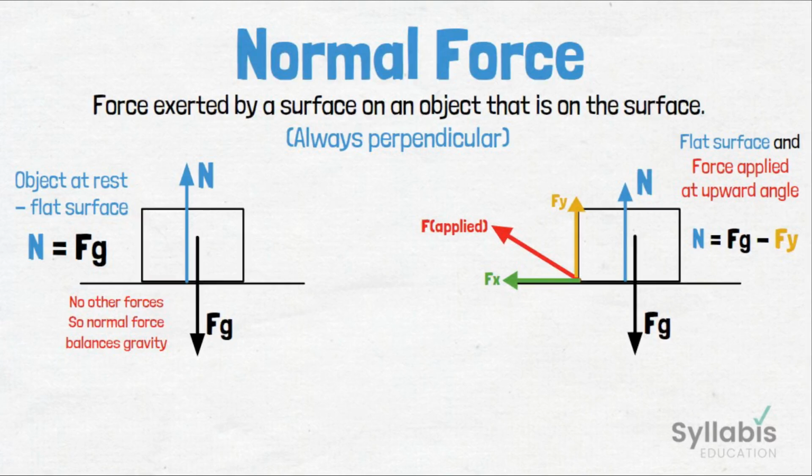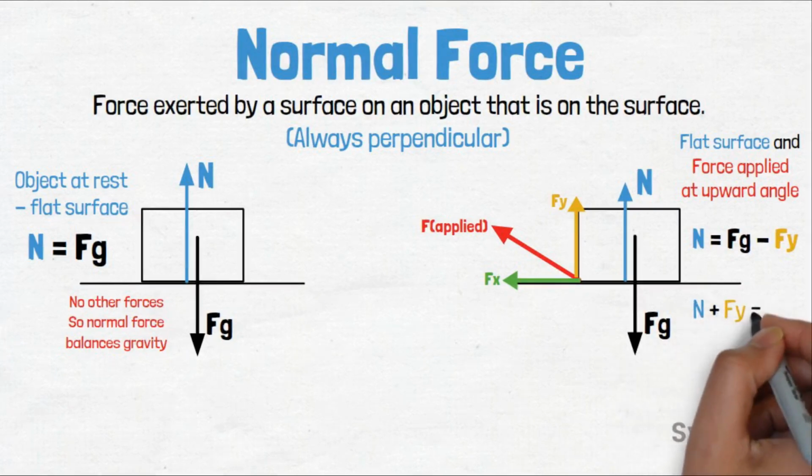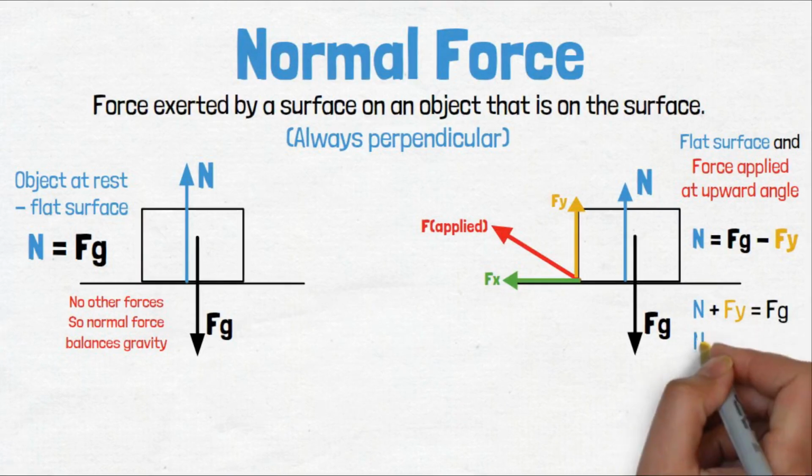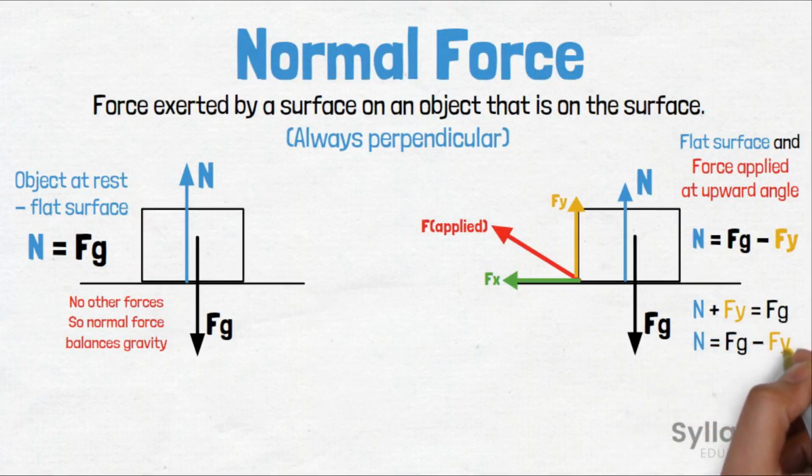This is because the vertical component and the normal force both act upwards, and they balance out gravity. So the vertical component plus the normal force will equal gravity.